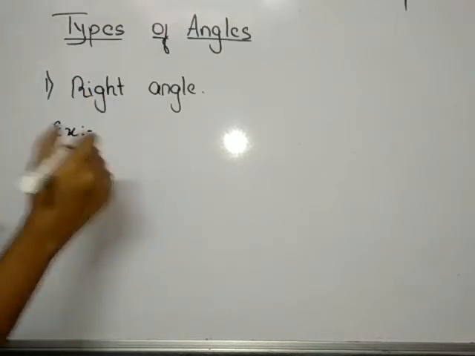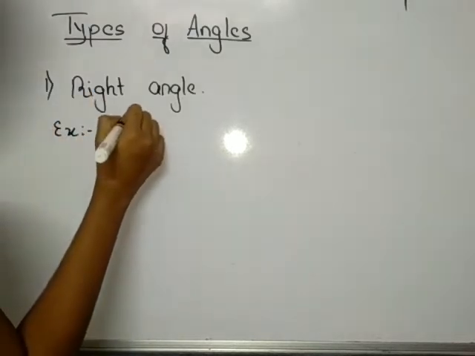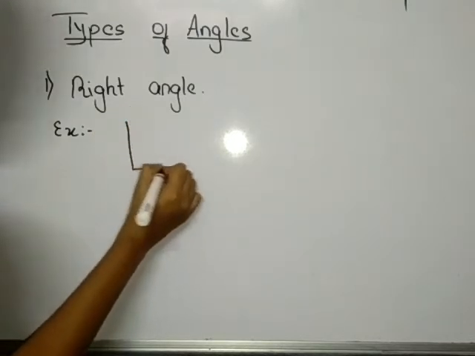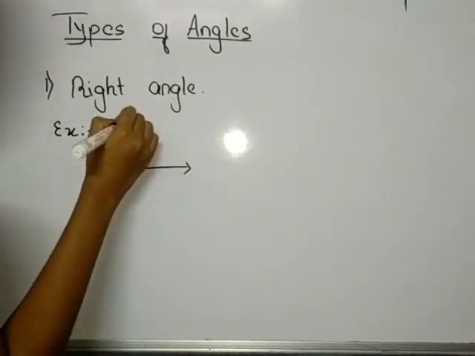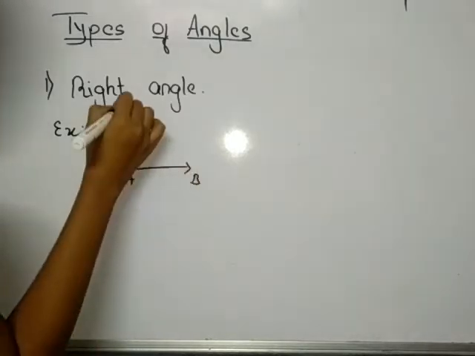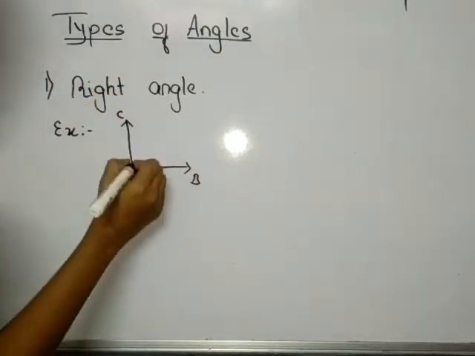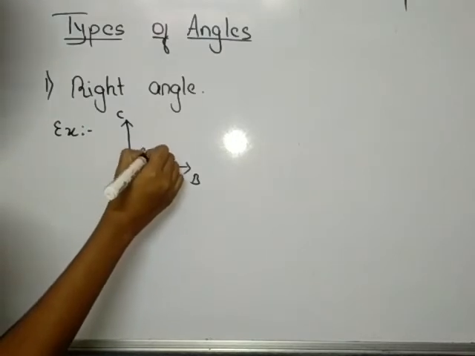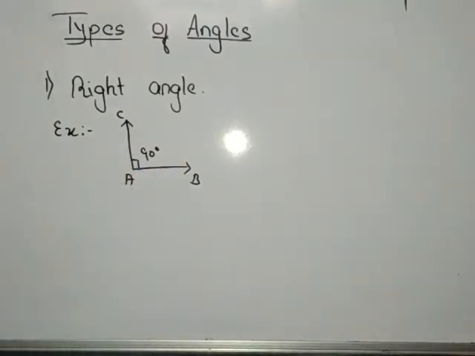Right angle means 90 degrees, the angle between the two arms. AB and AC are the two arms. The angle between these two will always be 90 degrees. Such angles are called right angles.